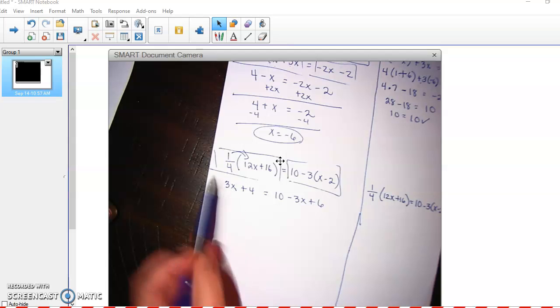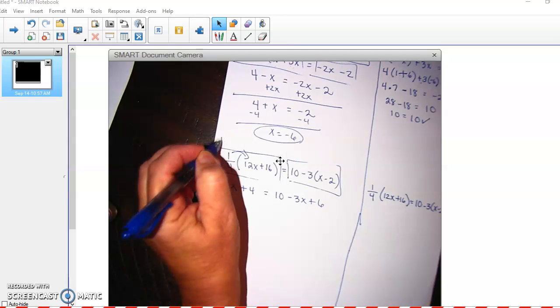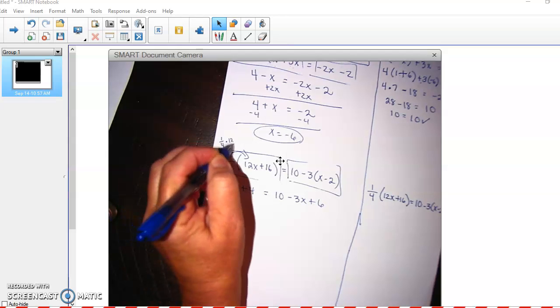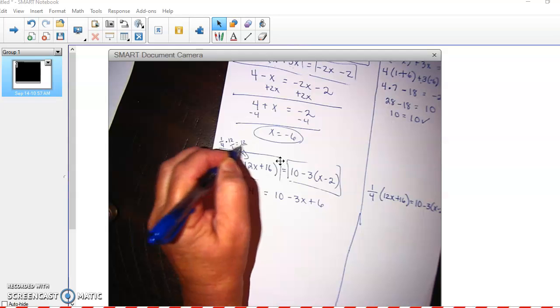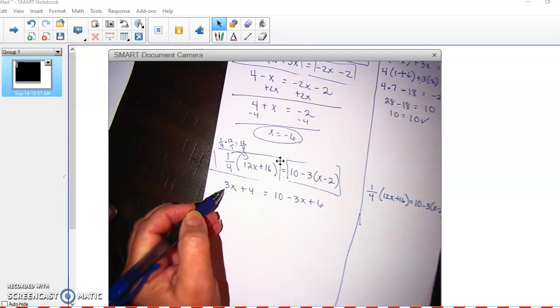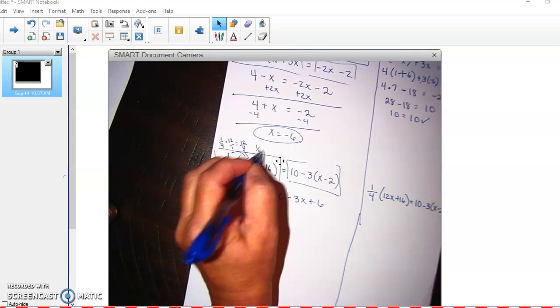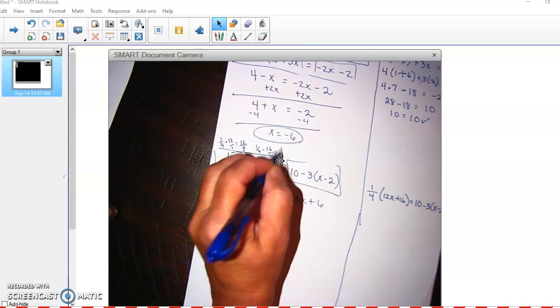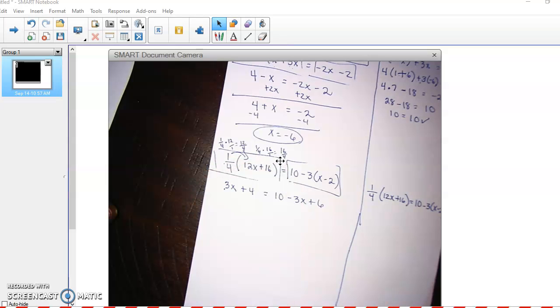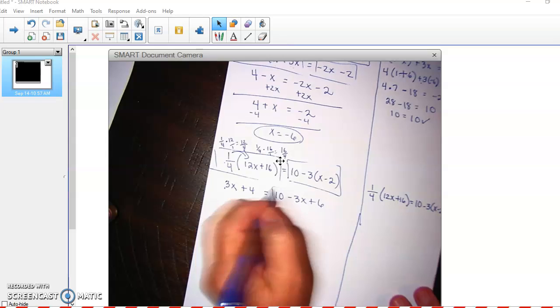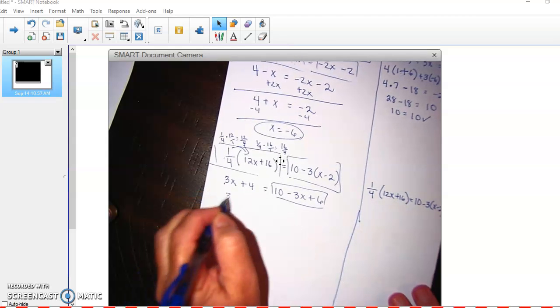So think about this. This is really, over here I'll show you, 1/4 times 12 over 1 gives you 12 over 4. And when you simplify that, gives you 3. And the same thing, 1/4 times 16 gives you 16 over 4, and that reduces to 4. Okay. All right, I need to combine like terms on this side. I'm going to leave this one alone, so I'll bring this one down.